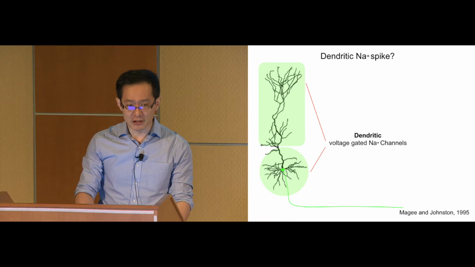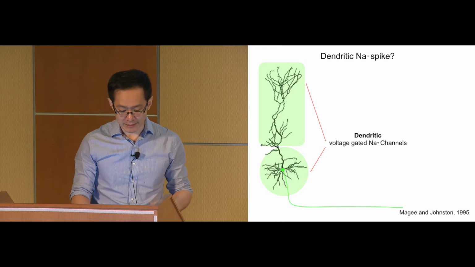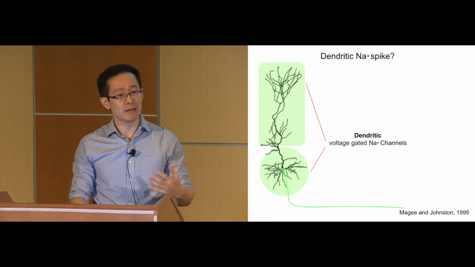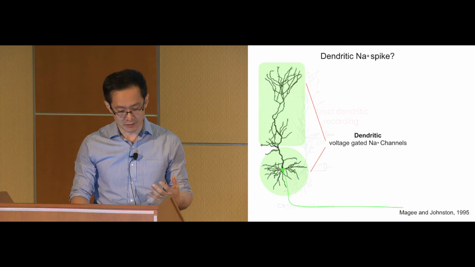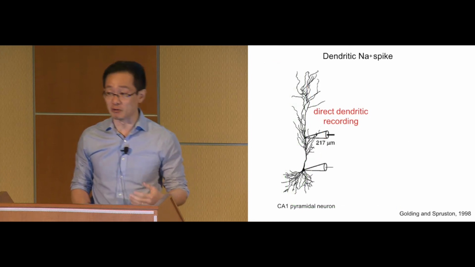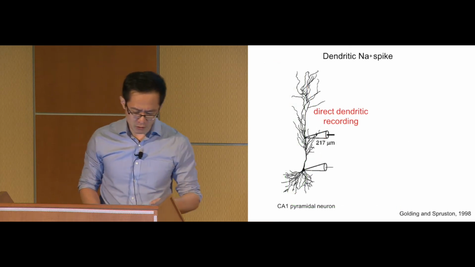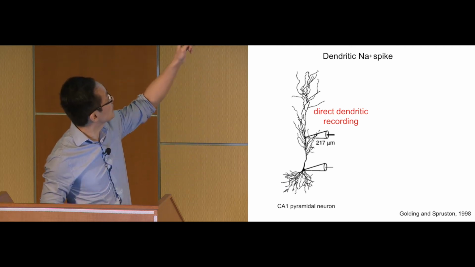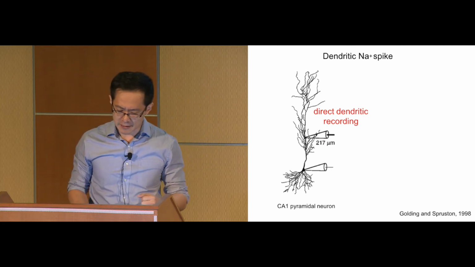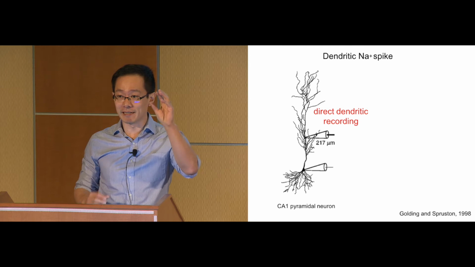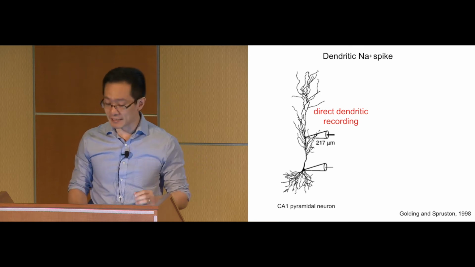Not until the early 90s could we start to address this type of question, because of the development of dendritic recording techniques. We can put electrodes on the dendrite itself instead of the soma and record the electrical activity on the dendrite and the soma simultaneously.